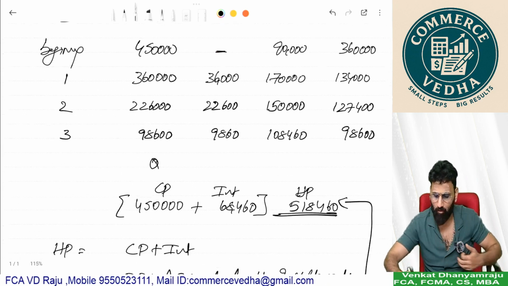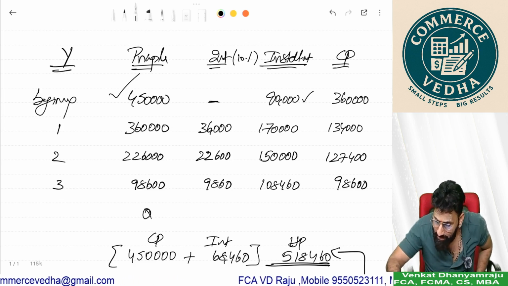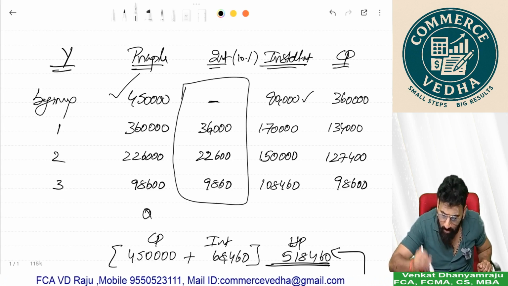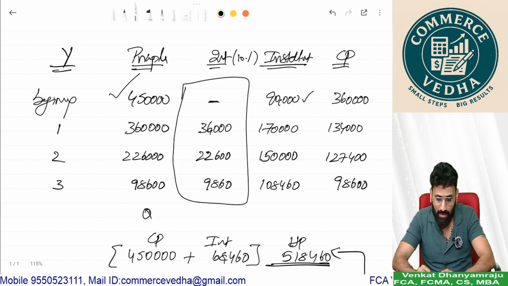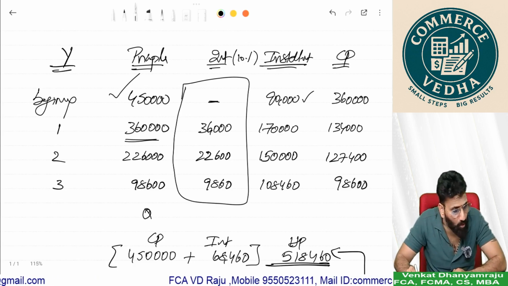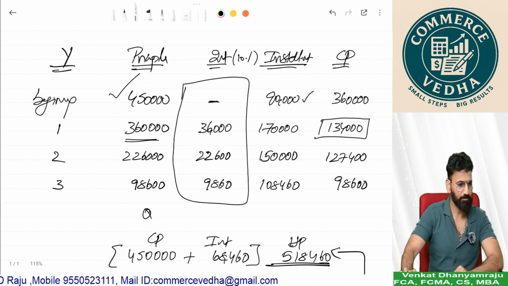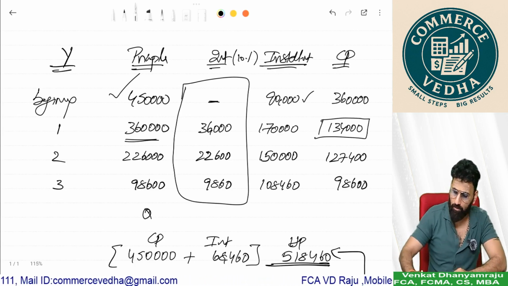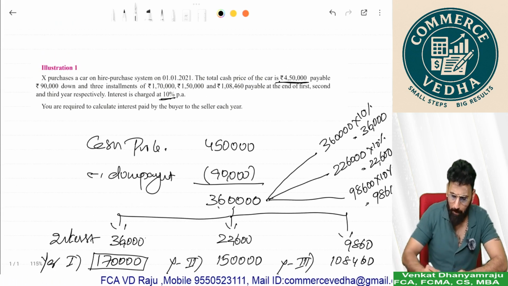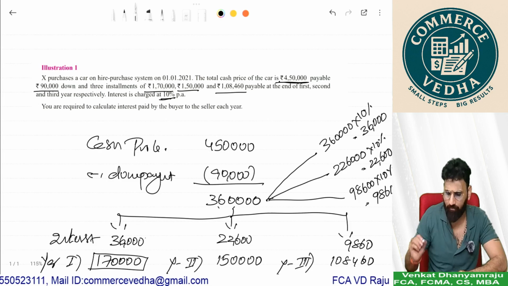So in this question, what is given is cash price and installments. So we should identify the interest by calculating the interest on the due and removing the interest from the total installment. You get the cash price paid in each installment. Got it? So the question says cash price 450, payable 90 down and 170, 150, 108,460.